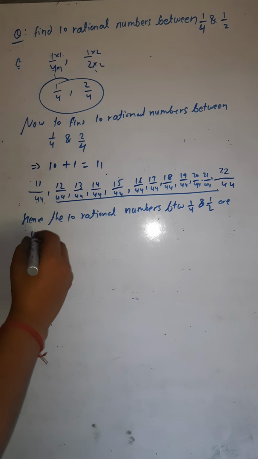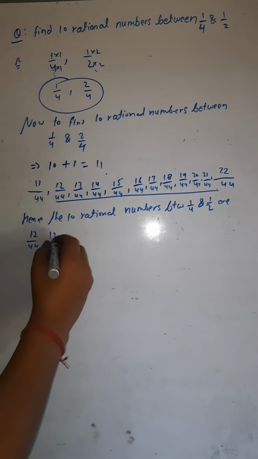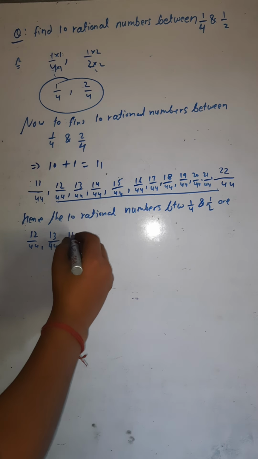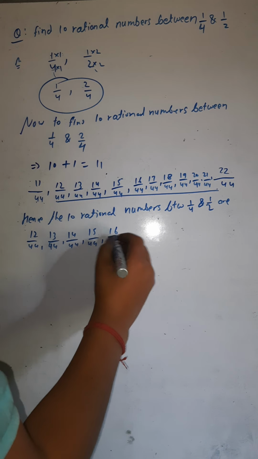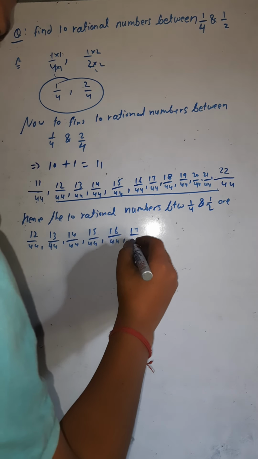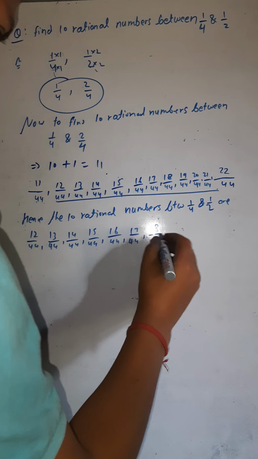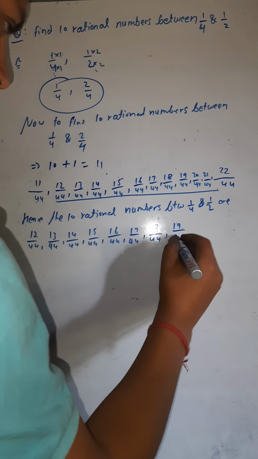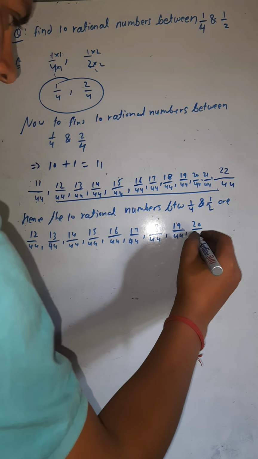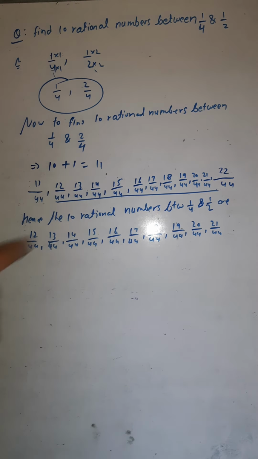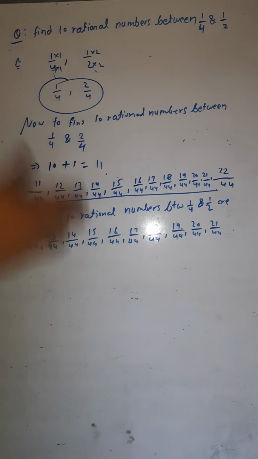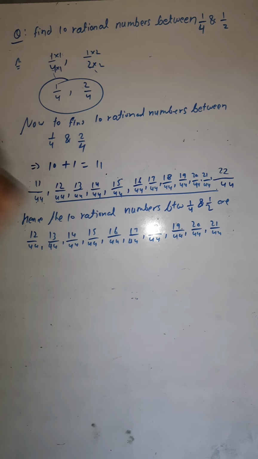First one is 12 by 44, then 13 by 44, 14 by 44, 15 by 44, 16 by 44, 17 by 44, then you have 18 by 44, 19 by 44, 20 by 44, 21 by 44. So these are 10 rational numbers between these two given rational numbers. Are you getting this? Just note this down. Then again I am going to give you similar questions like that. Okay, just note this down.